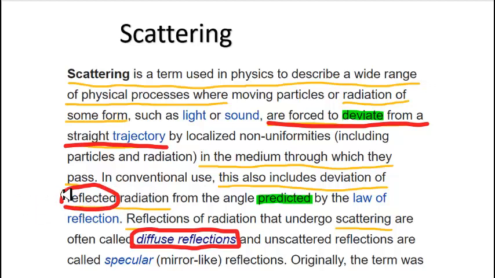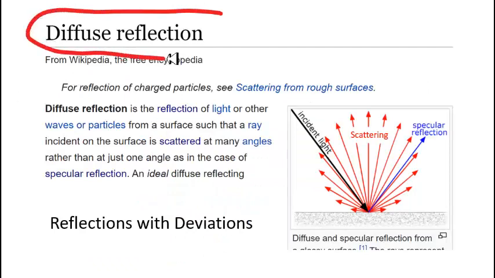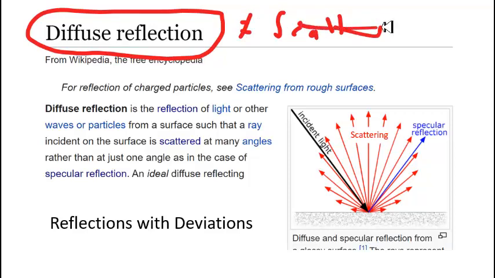So I would actually prefer to ditch the whole term scattering and opt for the term diffuse reflection. Okay, so I would use diffuse reflection, and if I use the word scattering, they are not equal. Anyways, diffuse reflection is not scattering.